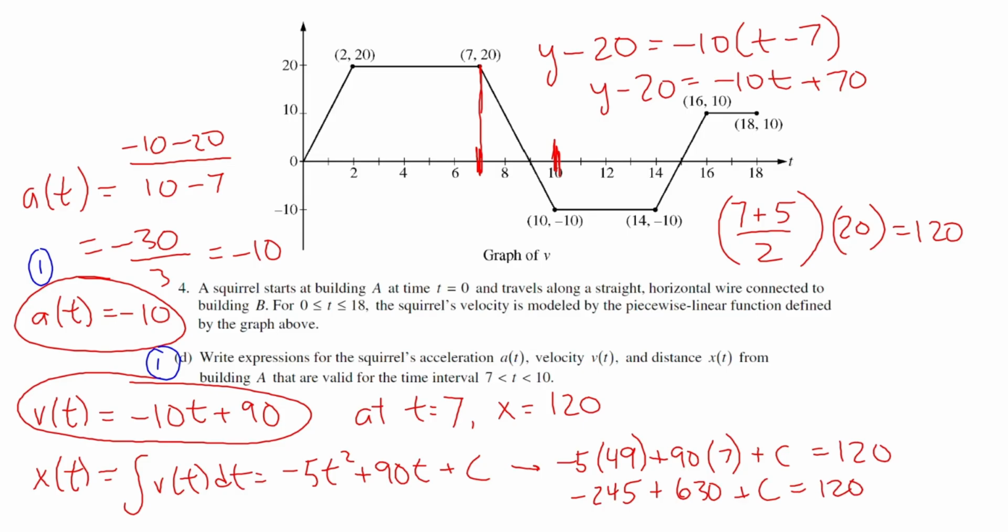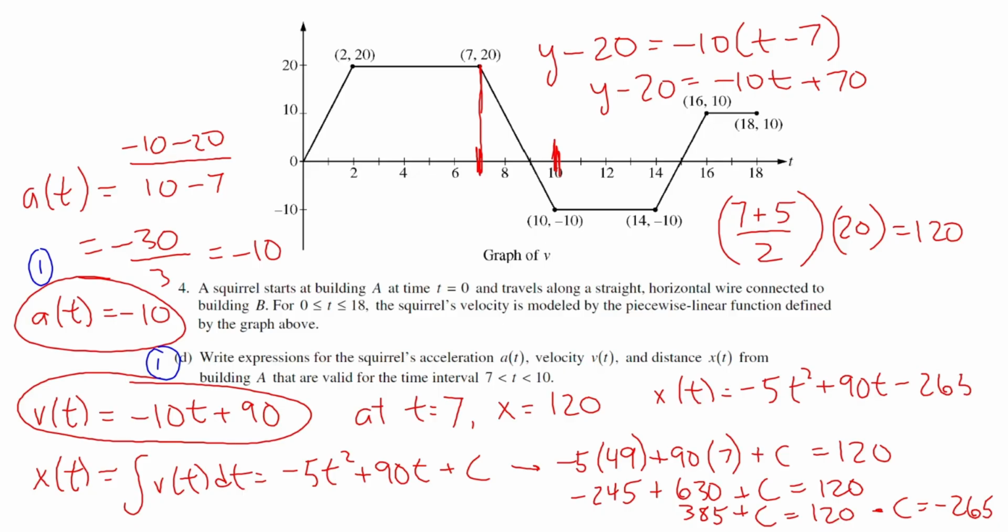Well, negative 245 plus 630, what does that come out to be? Looks like that is going to be 385, right? So if we have 385 plus c equals 120, then c is going to be 120 minus 385, which is negative 265. And so our function x of t should be negative 5t squared plus 90t minus 265.